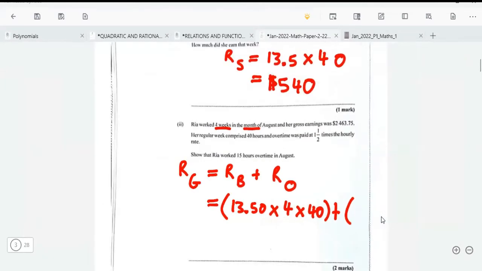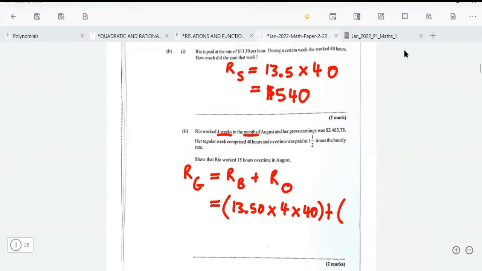All right, I'm just going to zoom out a little bit. Plus, in brackets, her overtime wage. As we're saying, her overtime wage is going to be the hours X, multiplied by the rate that she's being paid, which is her current rate, multiplied by 1.5.